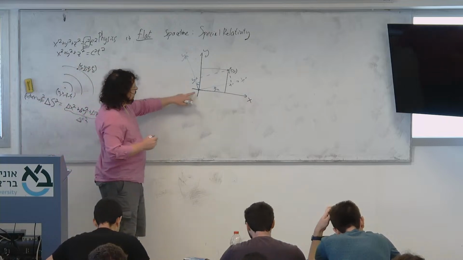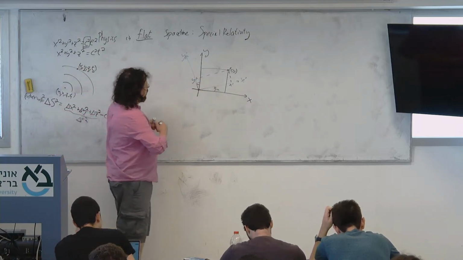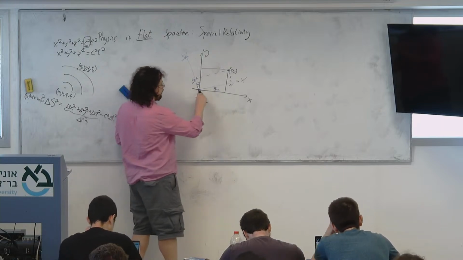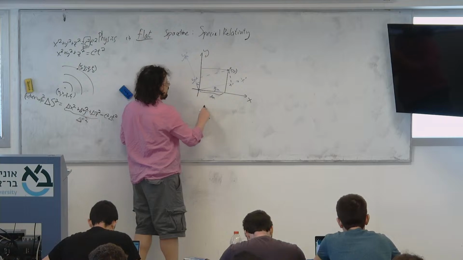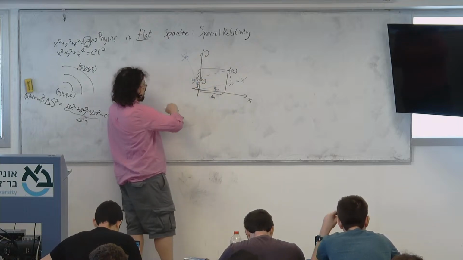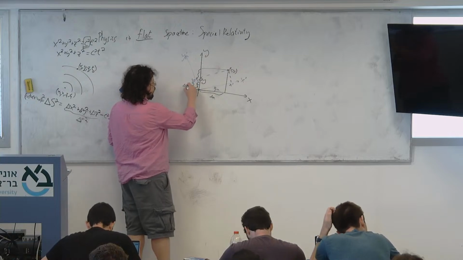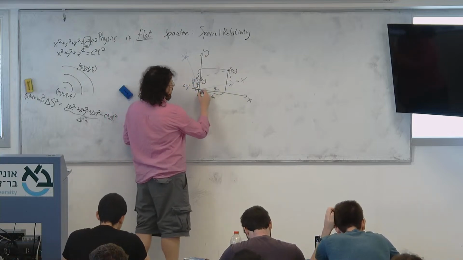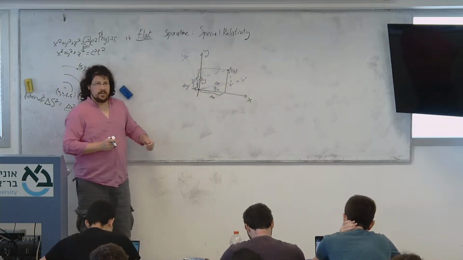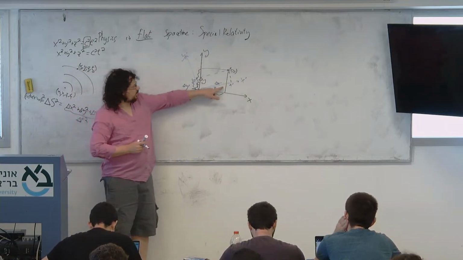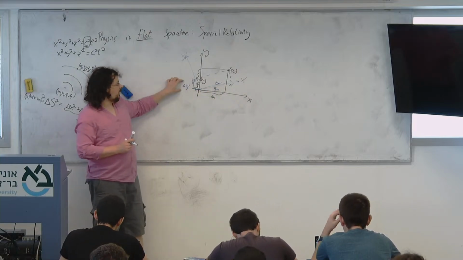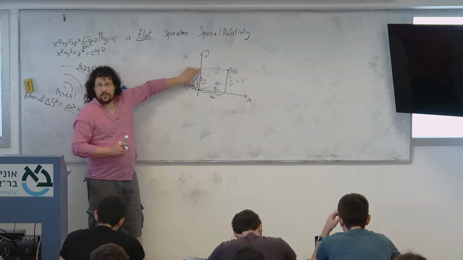Or if you want, if I look at an interval, then this distance will be delta x, this distance will be delta y, this will be delta y prime, this will be delta x prime, and we immediately see that delta x prime is longer than delta x, delta y prime is shorter than delta y.